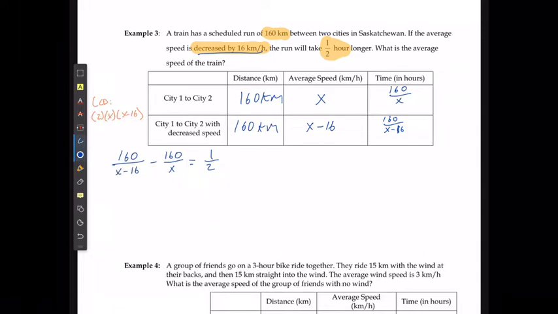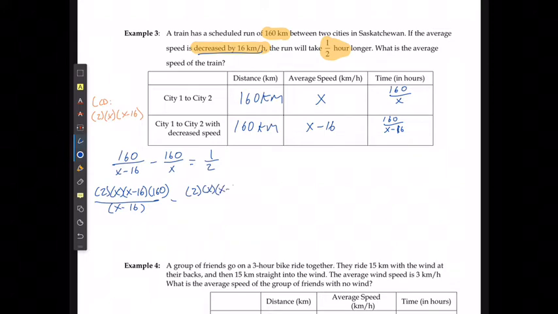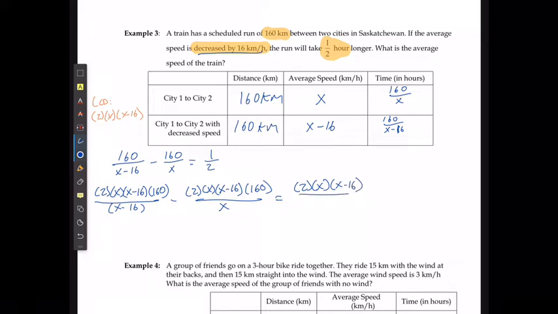So I can say that I'm going to have 2x and x minus 16 times 160 all over x minus 16, minus 2x and x minus 16 times 160 all over x, is equal to 2x and x minus 16 all over 2.